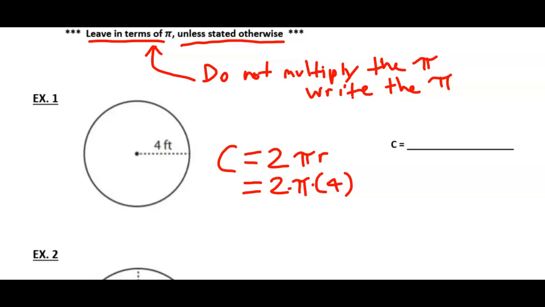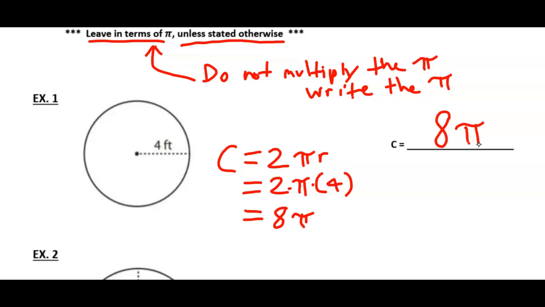So let's multiply the numbers that are not pi. 2 times 4 gives me 8. And I'm going to write the pi. So my answer is 8 pi. That's it. To leave in terms of pi is to not multiply the pi, but you just write it in your answer.